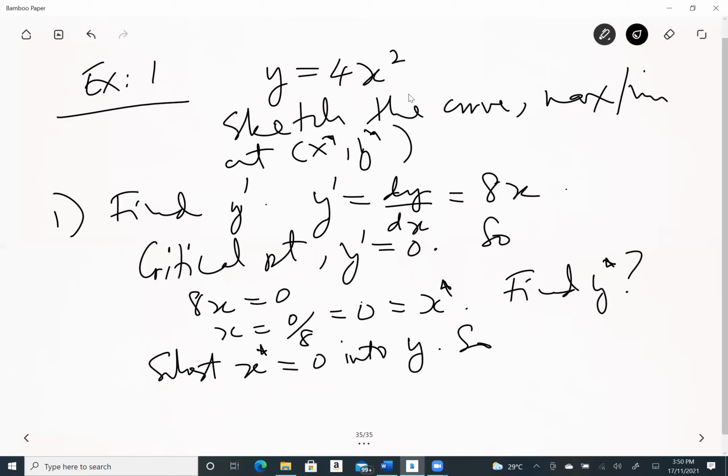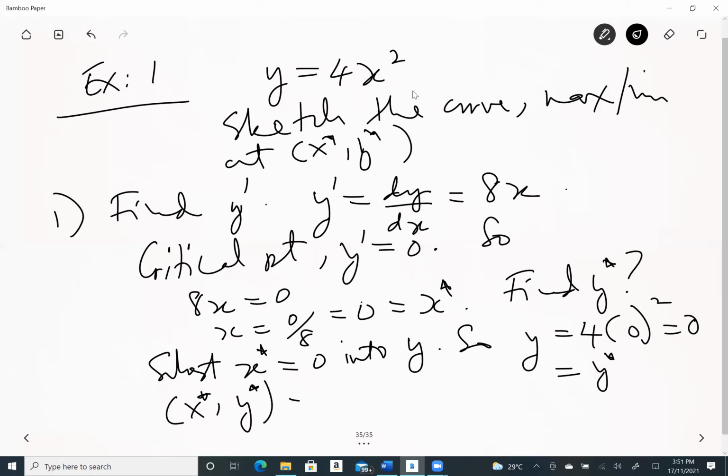So y equal to 4 times 0 squared equal to 0. So we call it y star. So I got the critical point, x star, y star equal to 0, 0. That is where the slope equal to 0.